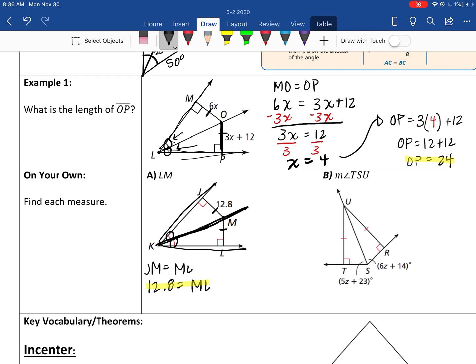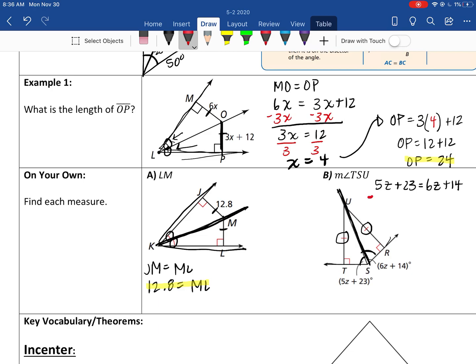Over here, we can see that from this line, from my angle bisector US, to the edges of my angle are congruent. Therefore, these two angles down here are congruent to each other as well. So I can say that 5z plus 23 is equal to 6z plus 14.